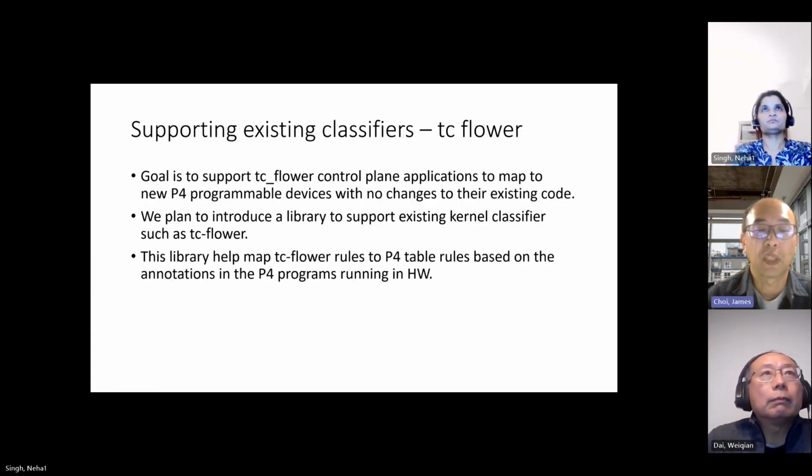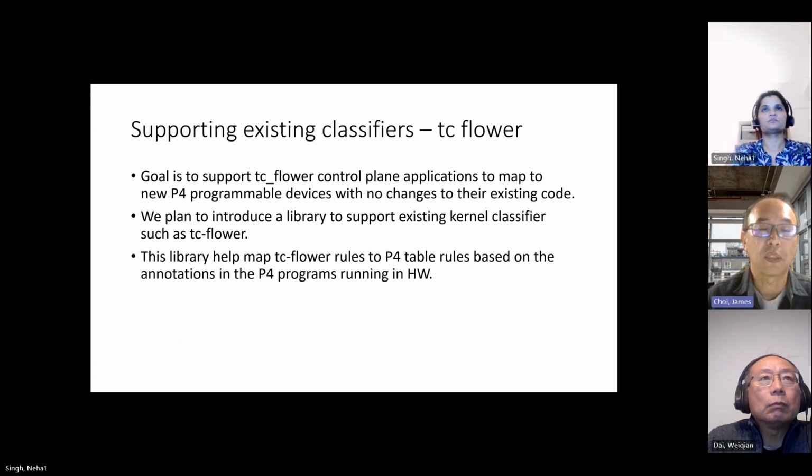Now, the goal is to be able to support the TC Flower control plane without any changes and have it mapped to a P4 programmable pipeline. Just to remind the audience, a P4 programmable pipeline is a pipeline that is independent of whatever P4 program is going to be running.